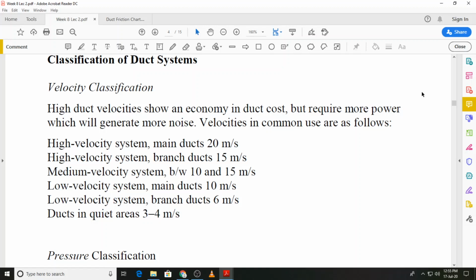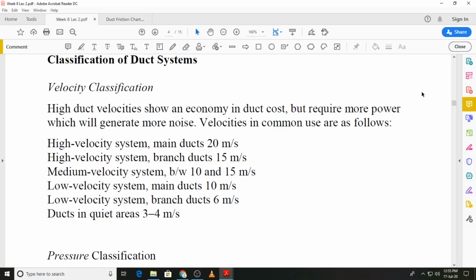The values of the velocities in a high velocity system I have shown. In the main duct we will have higher velocities in general, and in the branches lower velocities. So for a high velocity system, the main duct velocity could be typically around 20 meters per second, whereas the branch velocities are around 15 meters per second.